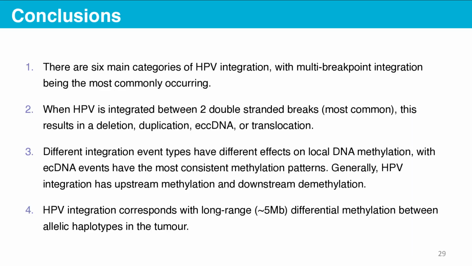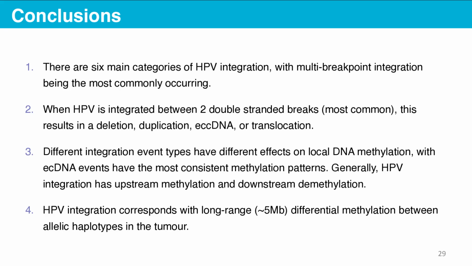So in conclusion, there are 6 main categories of HPV integration, with multi-breakpoint integration being the most commonly occurring. When HPV is integrated between 2 double-stranded breaks, this results in a deletion, duplication, eccDNA, or translocation. Different integration event types have different effects on the local DNA methylation, with eccDNA events having the most consistent methylation patterns.